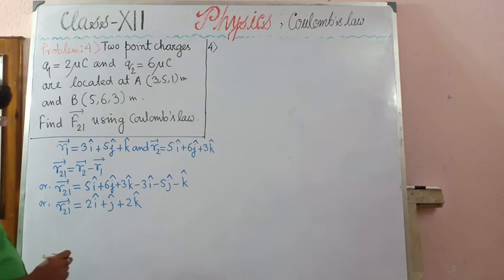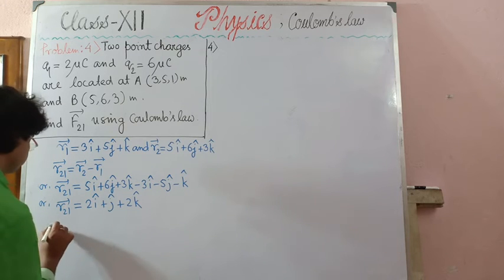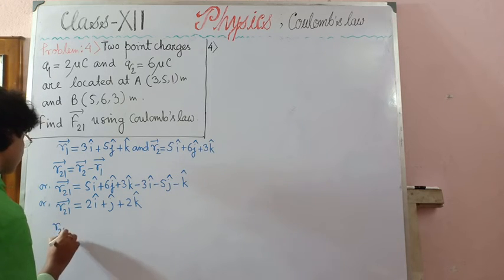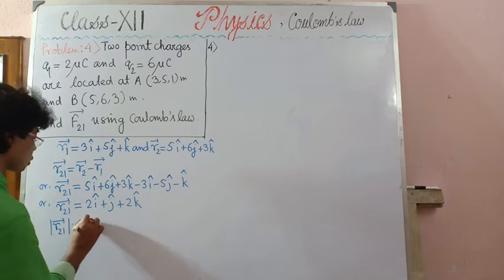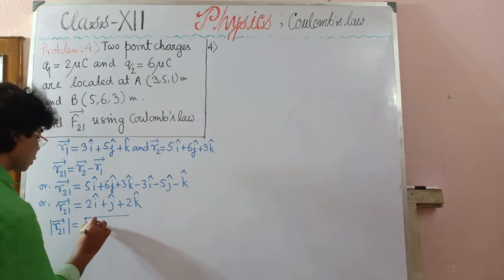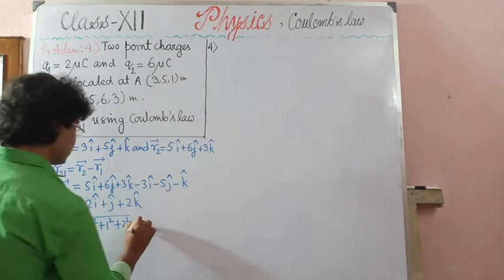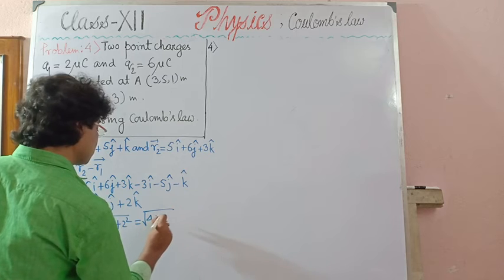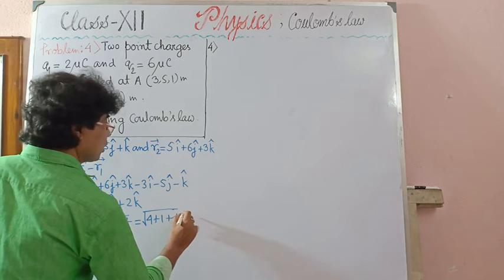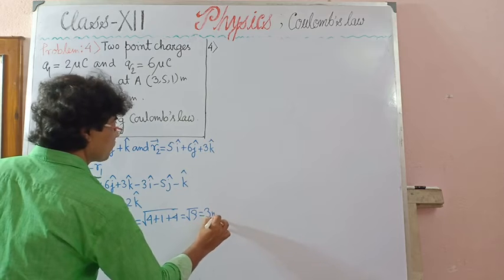So modulus of vector R21 is mod of R21 vector equals root over 2 square plus 1 square plus 2 square equals root over 4 plus 1 plus 4 equals root over 9 equals 3 meter.